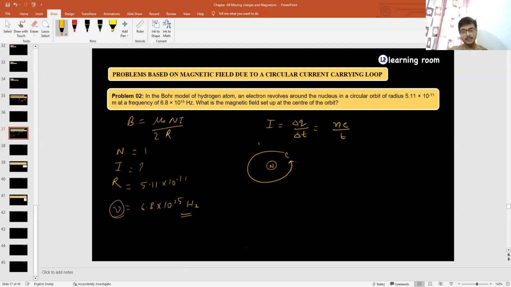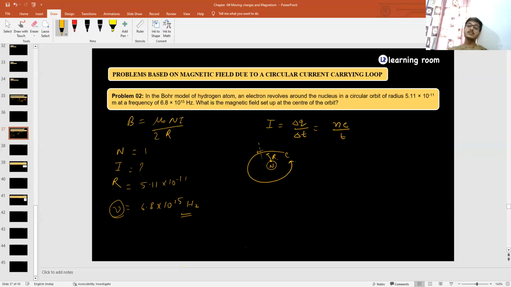If we take a cross section at a particular instant, how many electrons are passing through it in this radius? Only one, because that is a hydrogen atom. So N is 1. Charge of the electron we know, and the time interval.